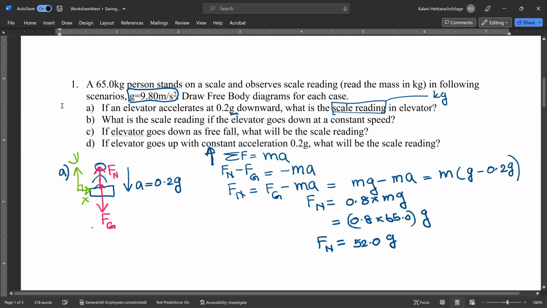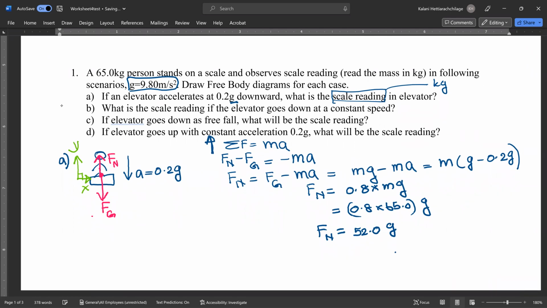But that is not my question. It's asking for the scale reading, and the scale reading is just the mass. Scale reading equals 52.0 kilograms.